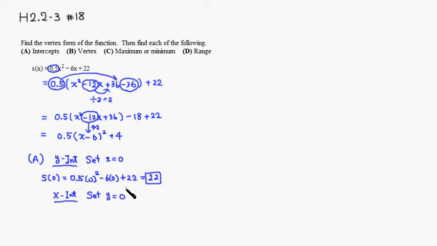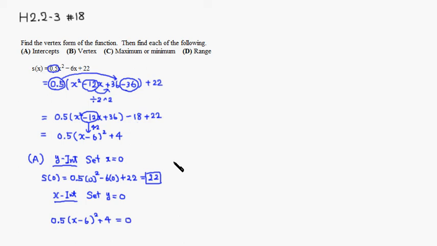So we have 0.5 times the quantity x minus 6 squared plus 4 equal to 0.